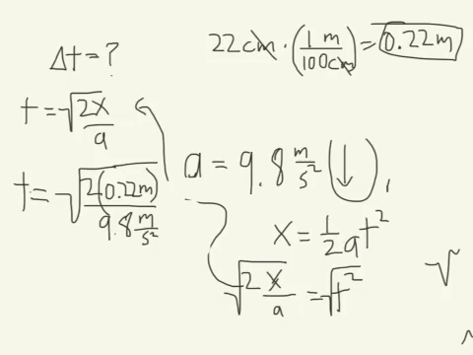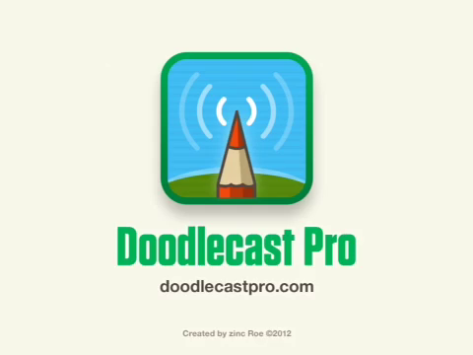And now our meters cancel beautifully. My calculator is telling me that that is a time of 0.21 seconds. And it is seconds, not seconds squared, because we have the square root here. The square root of a unit squared is that unit.